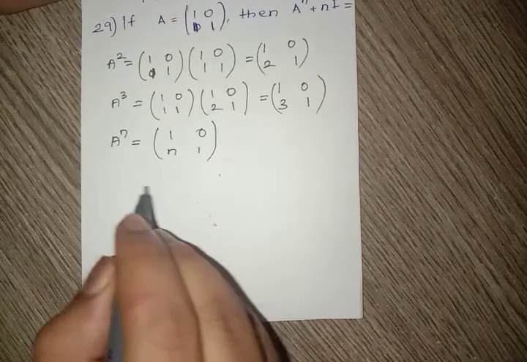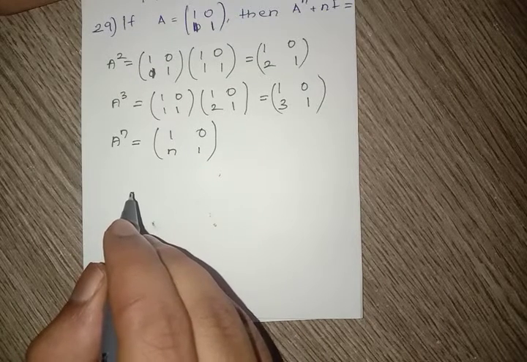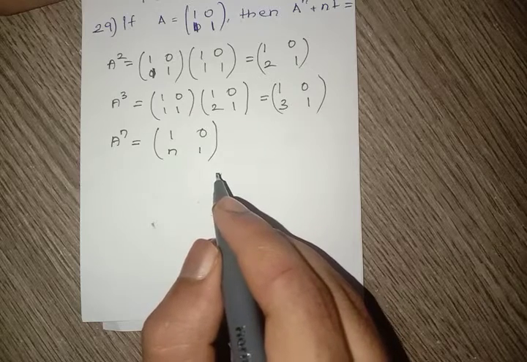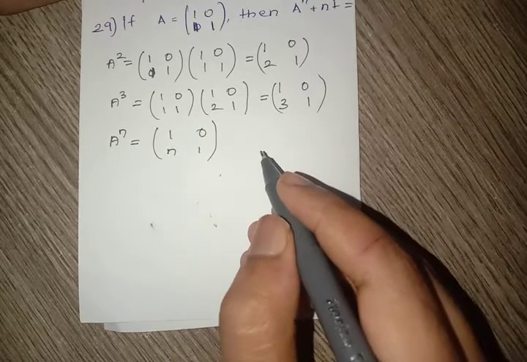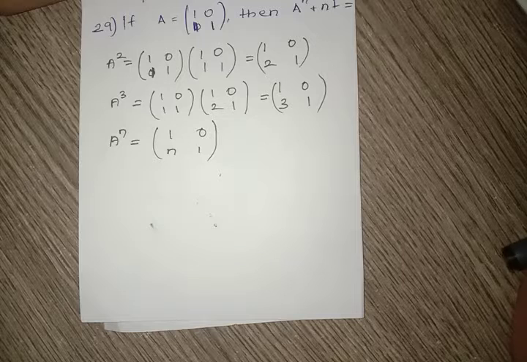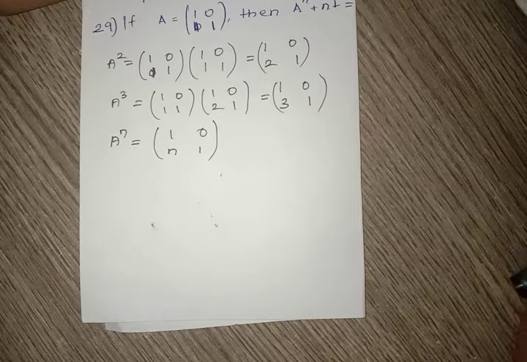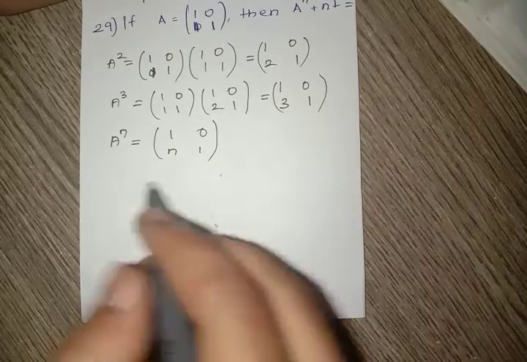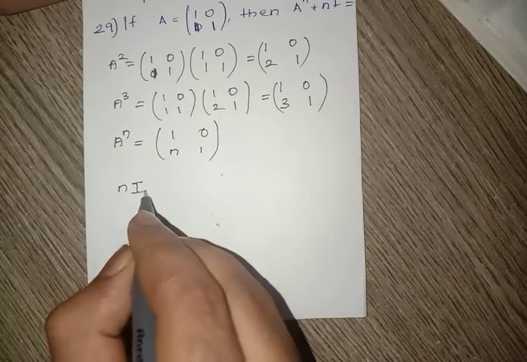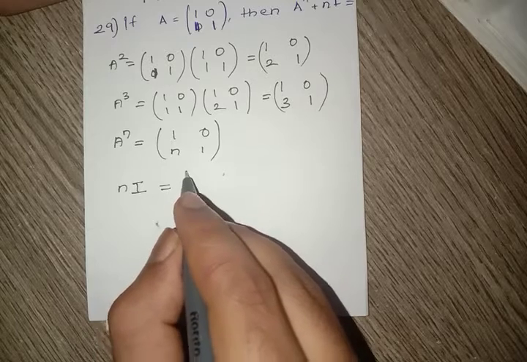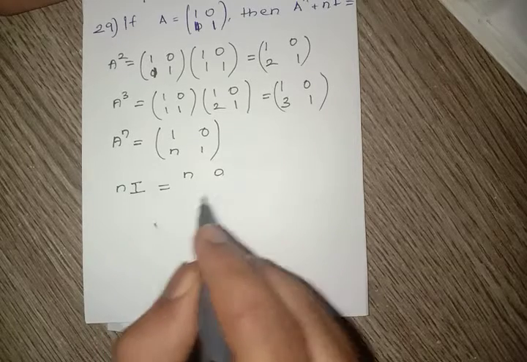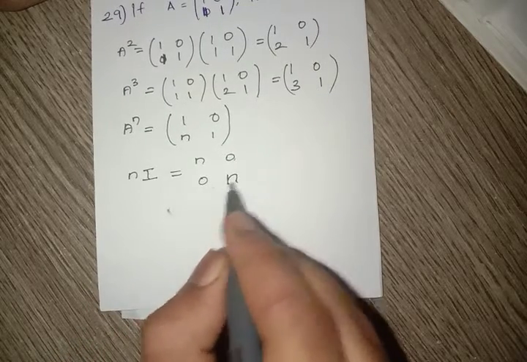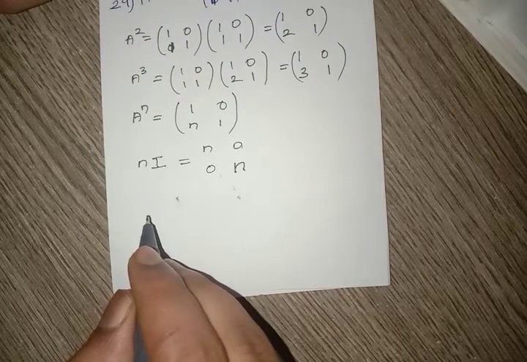From here we get an analogy that A raised to n is equal to [1 0; n 1]. Okay, so if we get it this way, we understand that nI will be equal to [n 0; 0 n].